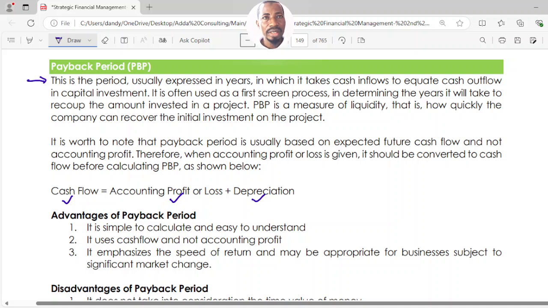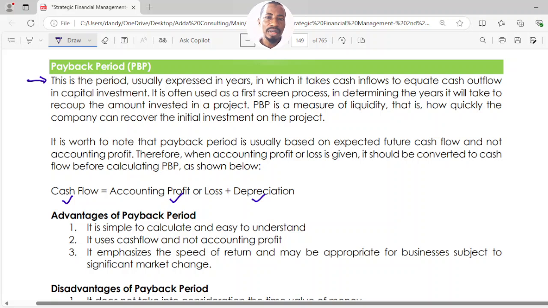Especially when you see questions under the non-discounted cash flow method, maybe you have to calculate payback period or accounting rate of return, please pay particular attention to the numbers given to you, because at times, if the examiner wants you to calculate payback period, you may be given accounting profit or loss, which will not be suitable for calculating payback. So you need to convert the accounting profit or loss to cash flow.